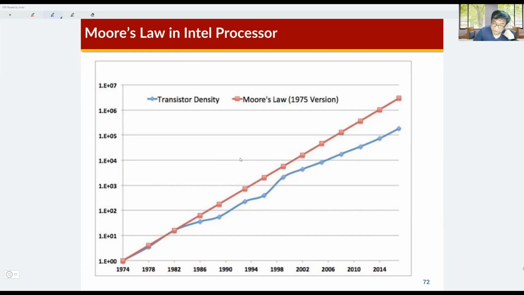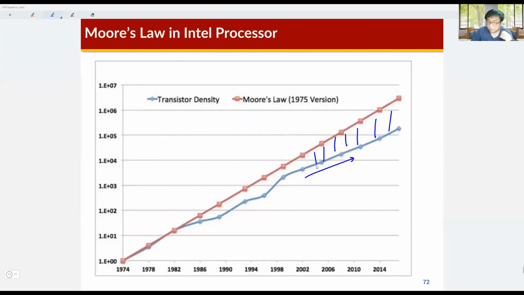As you can see, the Intel processor cannot keep up with Moore's law. This gap is increasing.